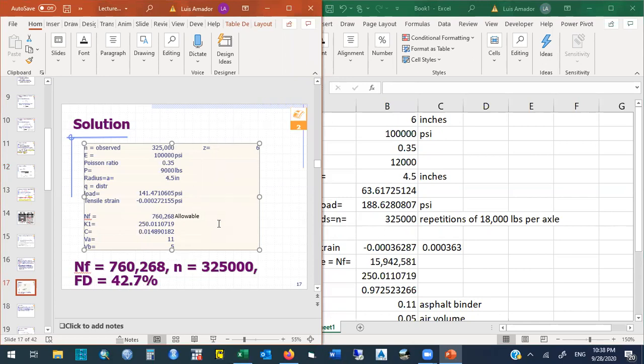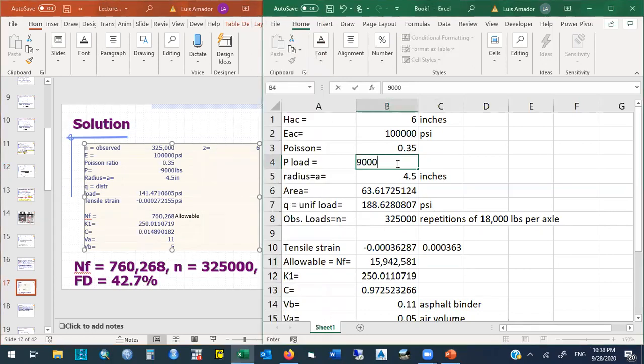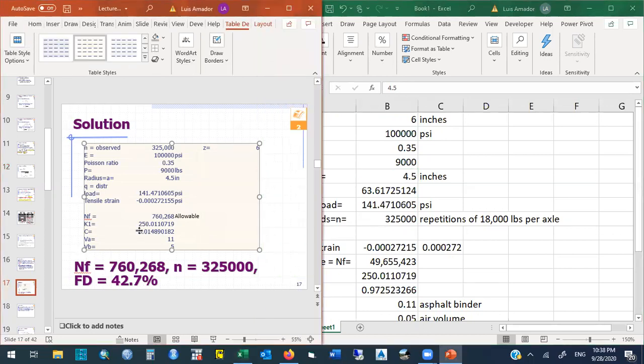I think I'd rather put this one instead. And also this is 9,000. Yeah, I think I made a mistake in this 0.01 in this C value.